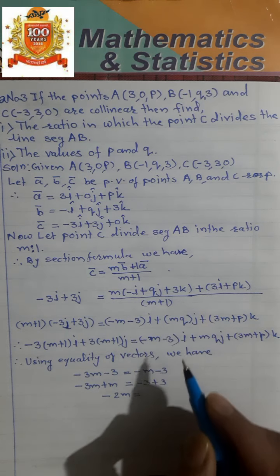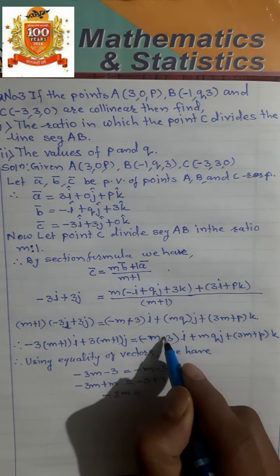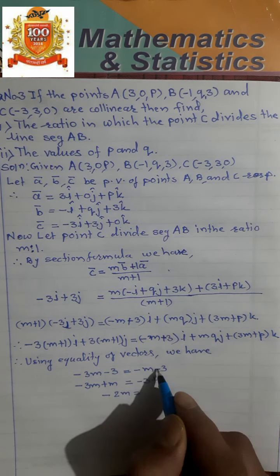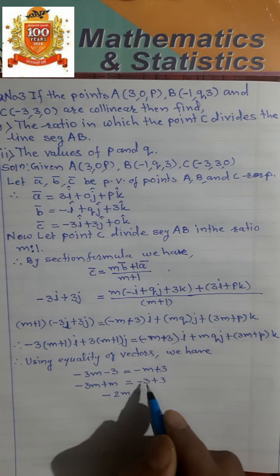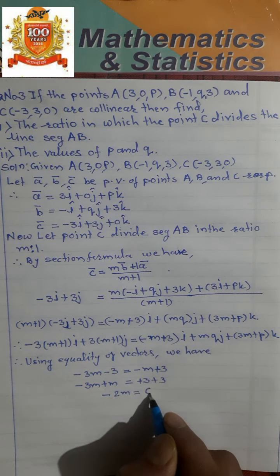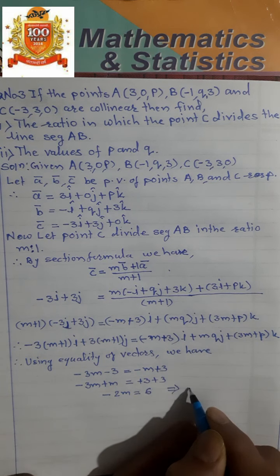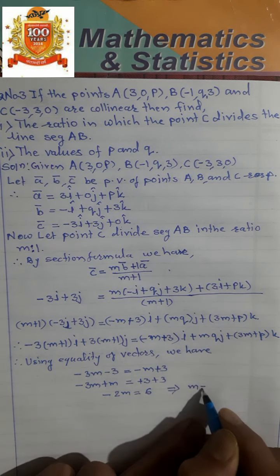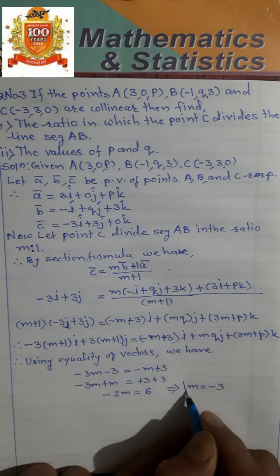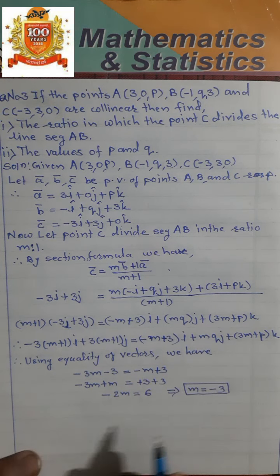Here plus is required. Therefore 3 plus 3 is equal to 6, which implies that m is equal to minus 3, isn't it?